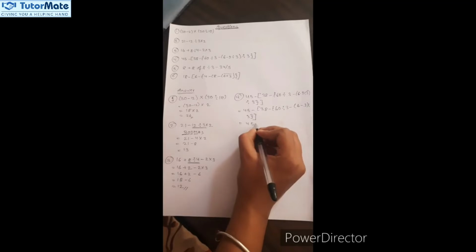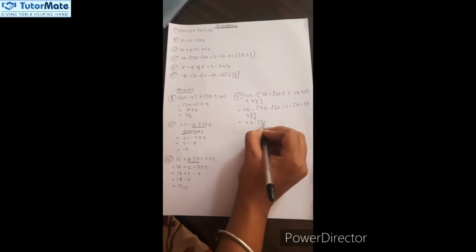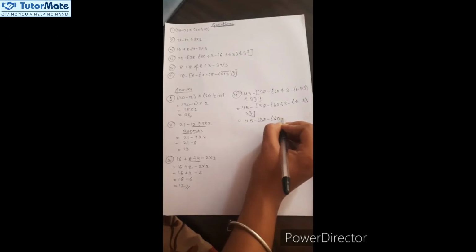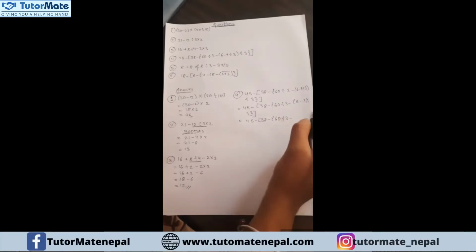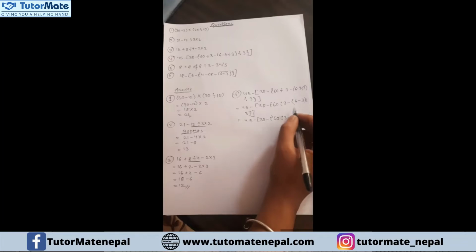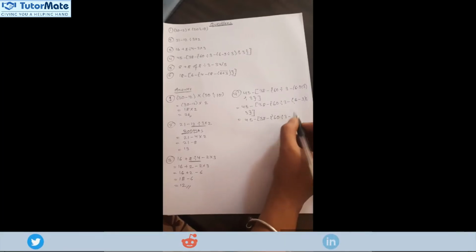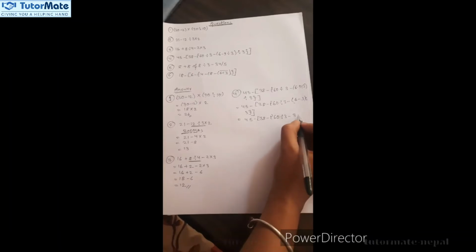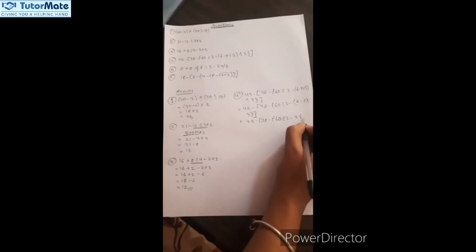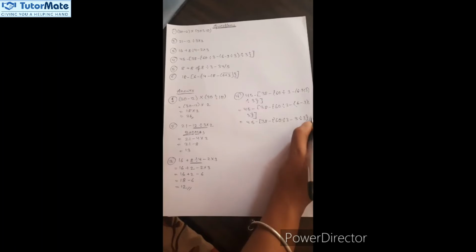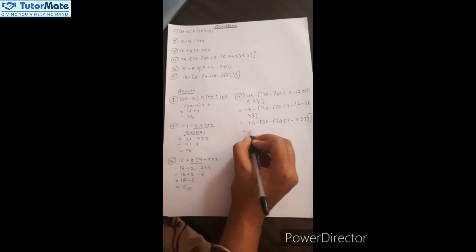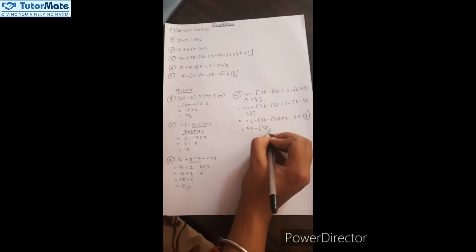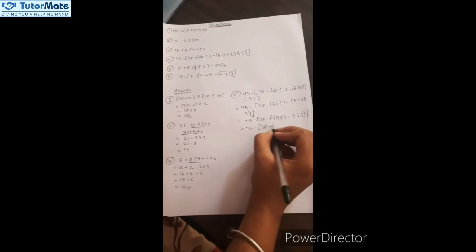45 minus big bracket 38 minus curly bracket 60 divided by 3 minus, now 6 minus 3, that means 3. Now the small bracket is ended, and then divided by 3, curly bracket close, big bracket close. 45 minus big bracket 38 minus, now solving this curly bracket.